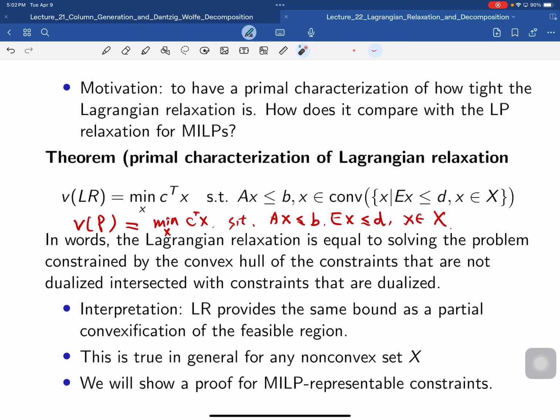This is a theorem we talked about before. If maybe people don't remember that, we can repeat that. So then V_P is equal to minimizing C transpose x subject to x in the convex hull of the feasible region.